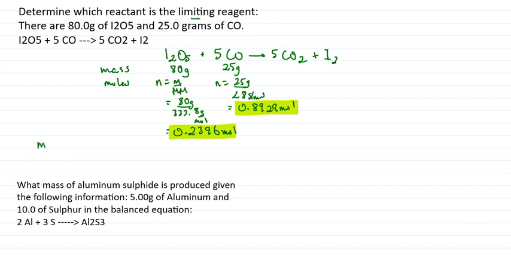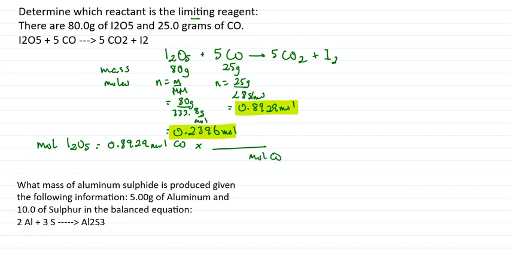We're going to figure out hypothetically how many moles of I2O5 we would need, knowing that we have this many moles, but we're going to see how much we would need in this mole ratio. All right, so we're going to begin with what we're given, 0.8929 moles of CO. Multiply that by a conversion factor, our mole ratio in this case, right?